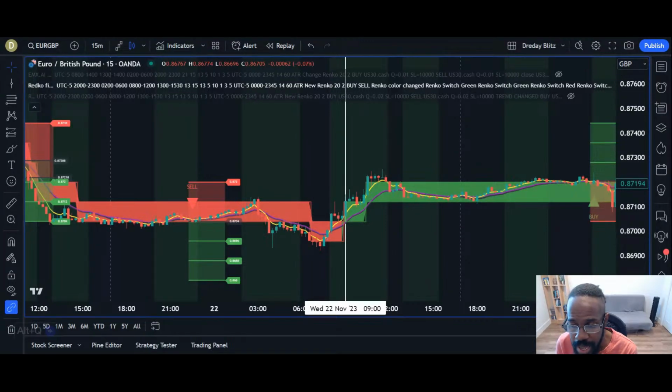But me personally, I love to look at the Renko bars because I love to see exactly when the market switches, and that gave me a more clear clarification of where I put my TPs and everything like that. But you can still use the price zones that you see on the TPs, so it's already calculated on that. So I'm really excited here of what we have.